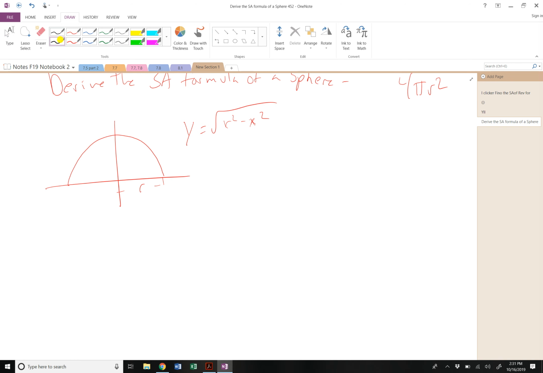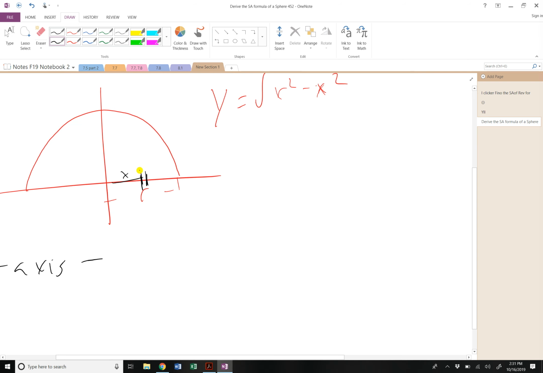Okay, I'm going to start walking through this. We'll do the x-axis first. So if I'm spinning around the x-axis, I have some x value here, and I also have some dx that I'm thinking about, and I need to think about the surface area I get as I spin that piece all the way around.